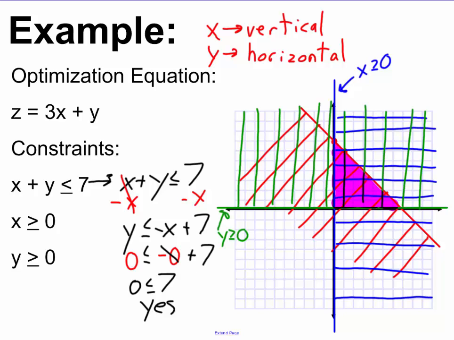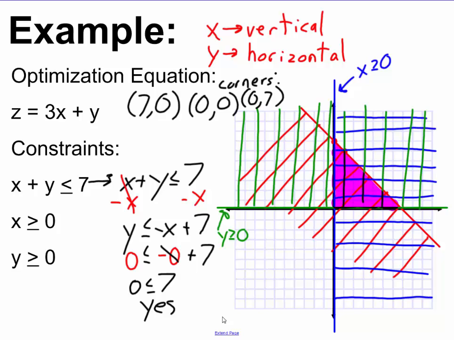So that's one of our 3. I'll put that up here. 7, comma 0. The second one looks like it's right at the origin. And our third one is that y-intercept for our function, like right here, that guy. And he looks like he's at 1, 2, 3, 4, 5, 6, 7, so 0, comma 7. Those are our 3 corners.